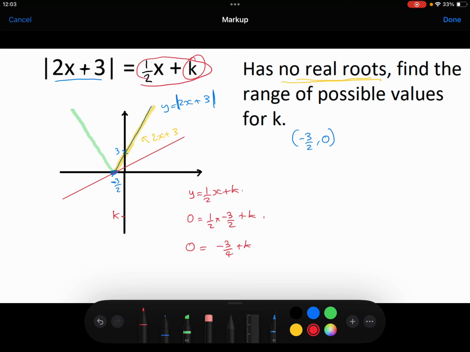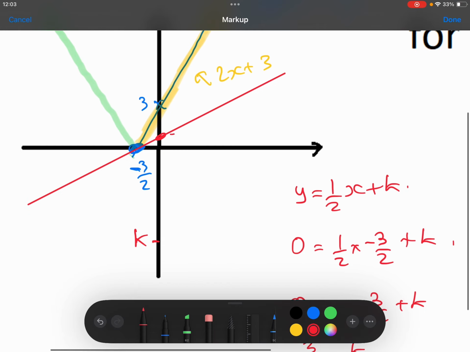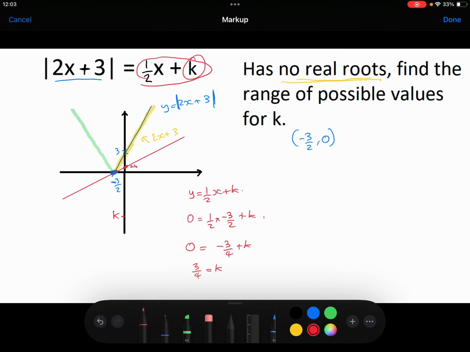Add the 3 over 4 to both sides. So k is 3 over 4 when the line goes through the vertex, which is when there's one solution, or one root. So if k is equal to 3 over 4, there's one root to this equation. If k was bigger than 3 over 4, there'd be 2 roots to the equation. One here, one here.